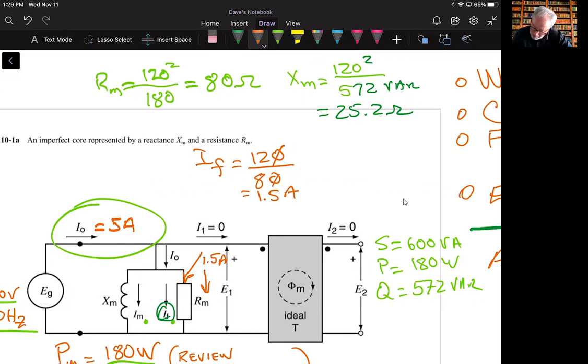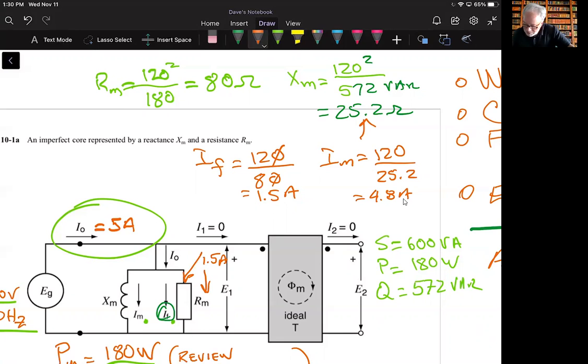Similarly, on the other side, again it's 120 volts because all this is in parallel, and this is 25.2 that we calculated here. And that current is 4.8 amps. Now, when we get into this world that you are dealing with, this is nothing simple anymore. This is a phasor addition that we have to do.